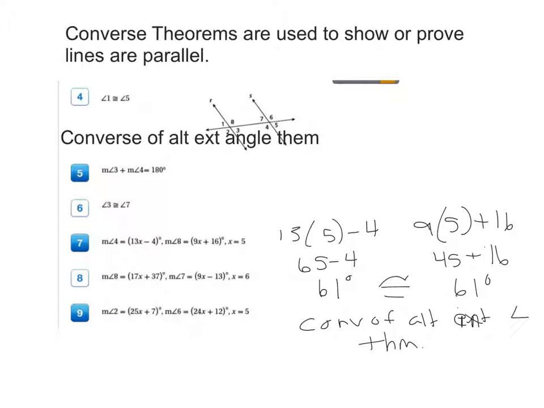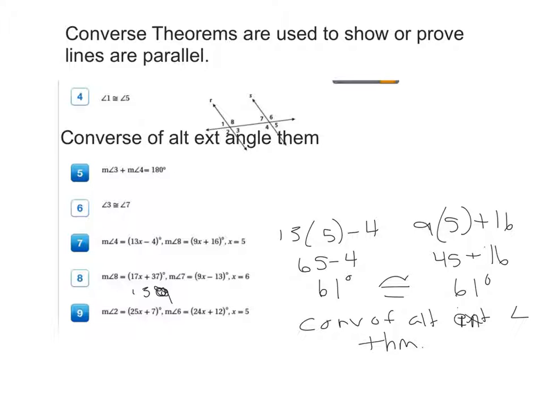When we plug in the value, we end up with 6 times 17 is 102, plus 37 is 139.